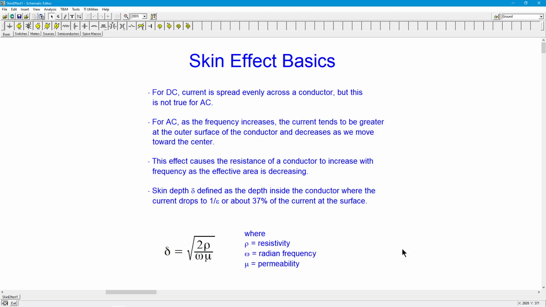In AC, what ends up happening is the current tends to hug the outer surface. In other words, we have a higher current on the surface, and as we go towards the center, the current tends to decrease. Now, the higher the frequency is, the greater this effect will be. If we go high enough, there's virtually no current flowing in the center of this wire.